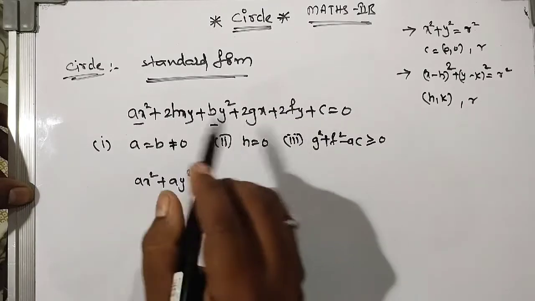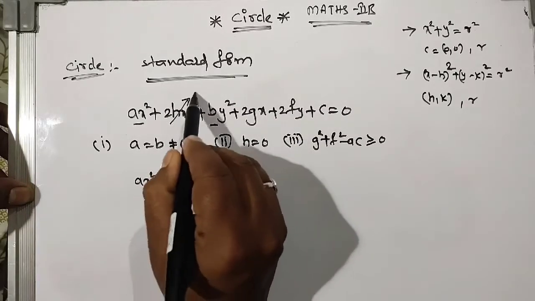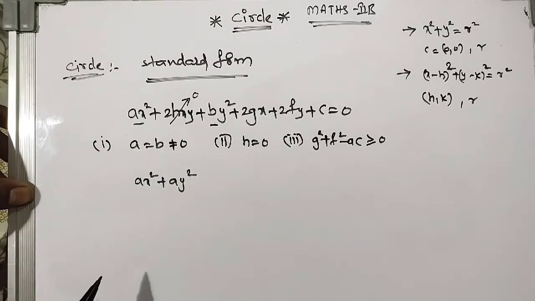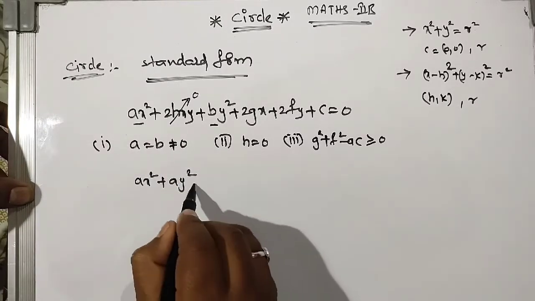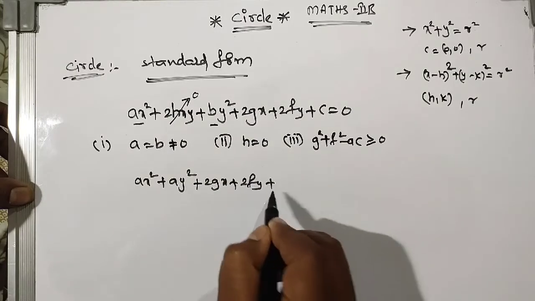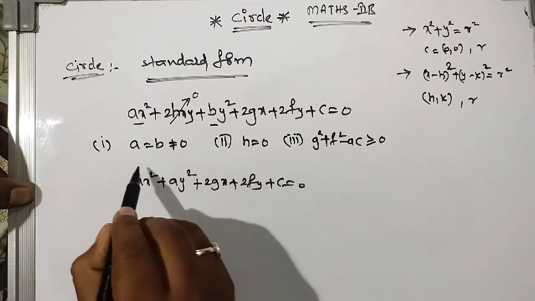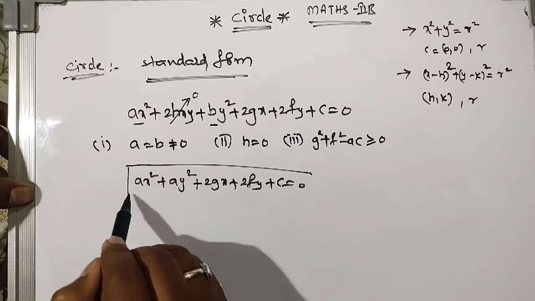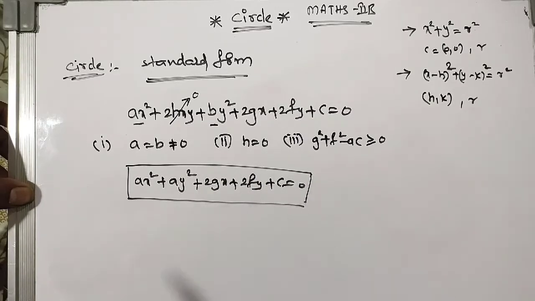When h becomes 0, the xy term will vanish. Therefore, we write ax square plus ay square plus 2gx plus 2fy plus c is equal to 0. This is the general form, the general equation of the circle.